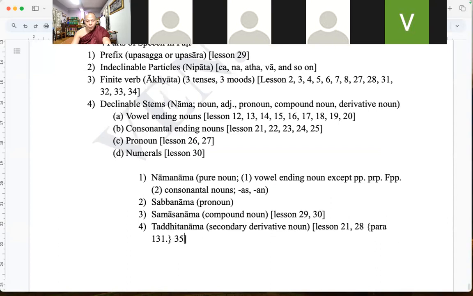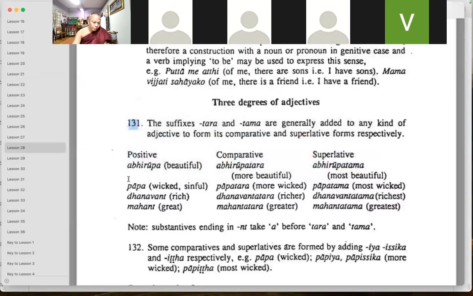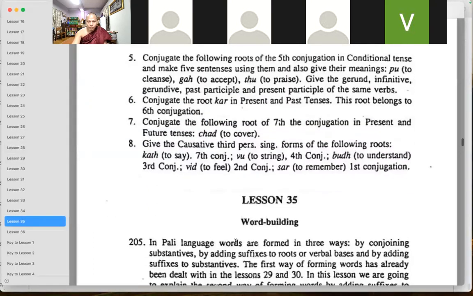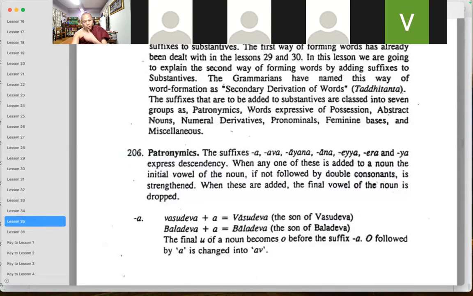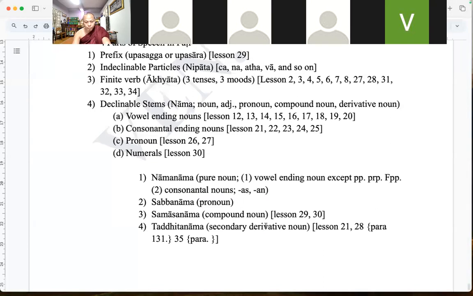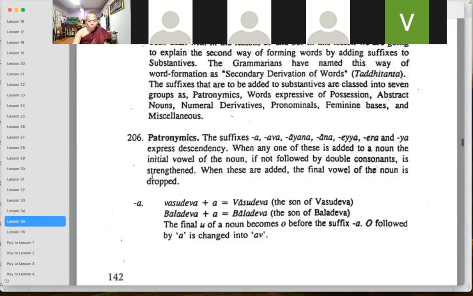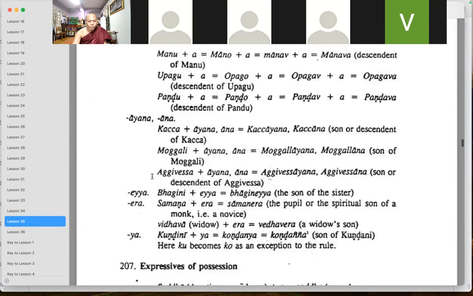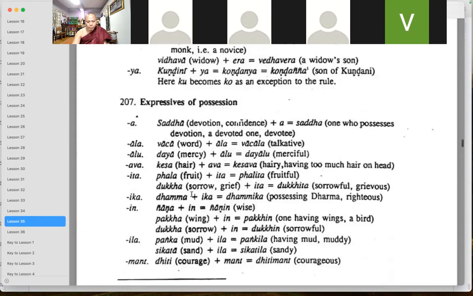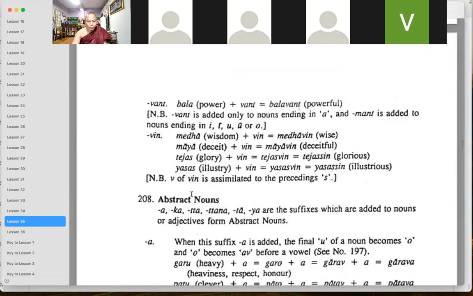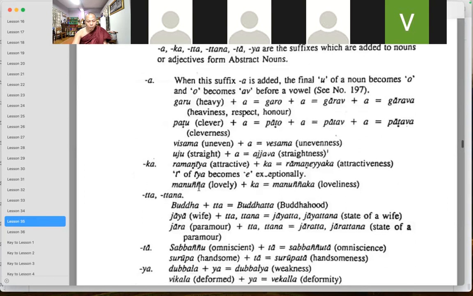Okay. And also under lesson 33 and 35, paragraph number 206. So from 206 to 206 and 207 and 208 extra also.